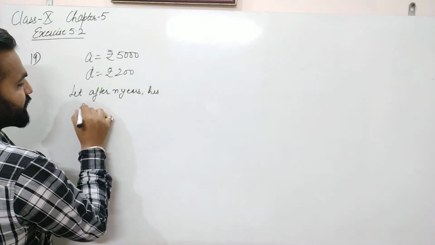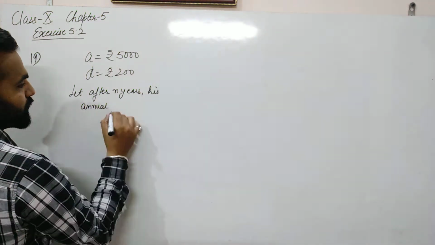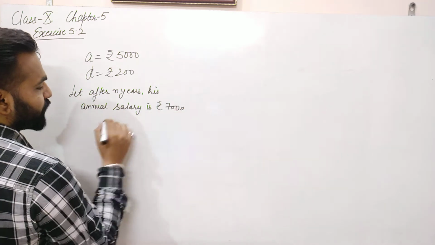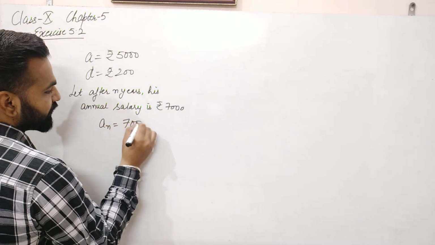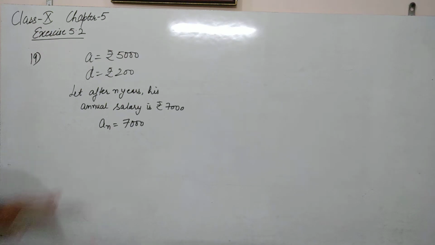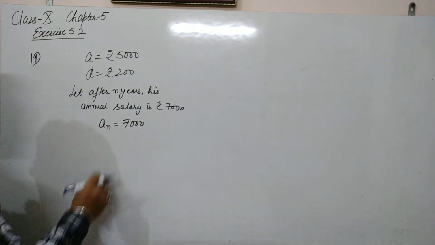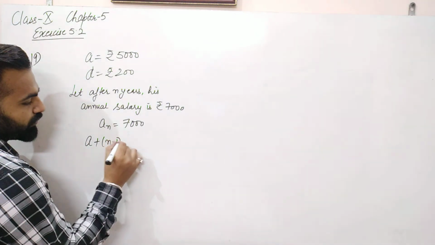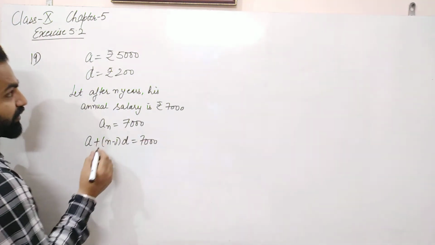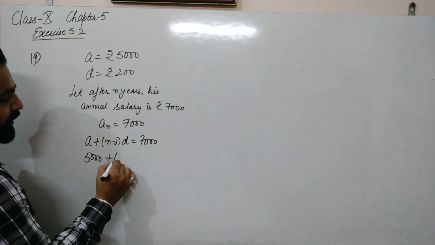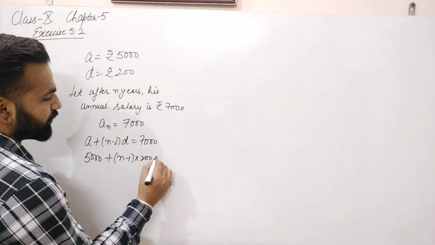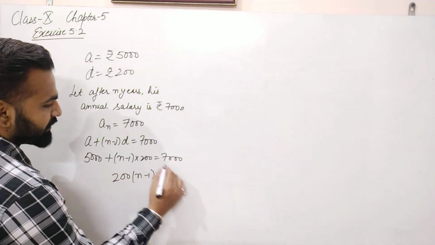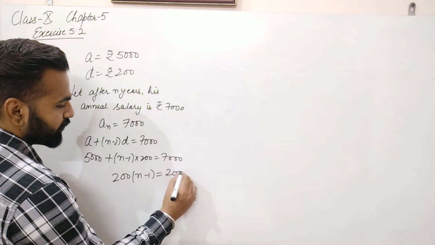So let after n years his annual salary is rupees 7,000. So from here we can write An is equal to 7,000. That is salary in the nth year. So this will become A plus n minus 1 into D is equal to 7,000. Put value of A, 5,000, n minus 1 into 200 equal to 7,000. So 200 into n minus 1 is 7,000 minus 5,000, 2,000.